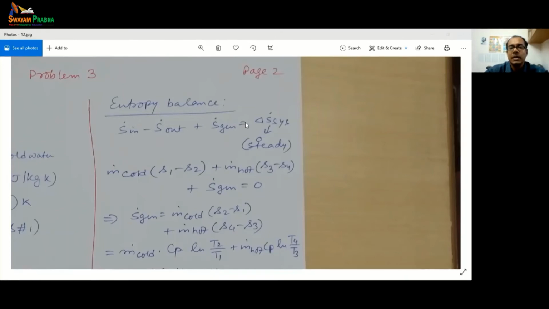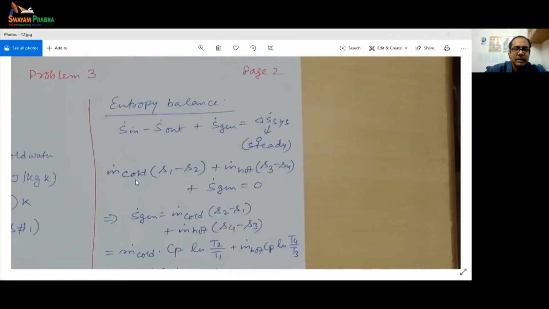You please remember that entropy can be generated, and that is why this S dot generation term is always there in the entropy balance equation, and this is equal to the delta of S dot system, that means the change of system entropy, and for a steady state this will be 0.